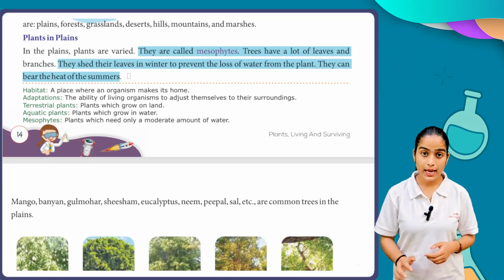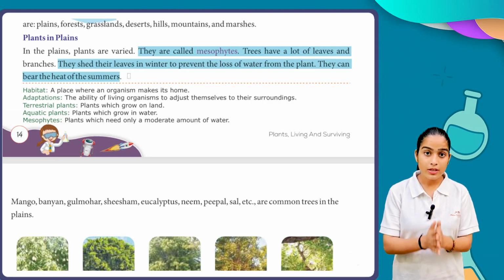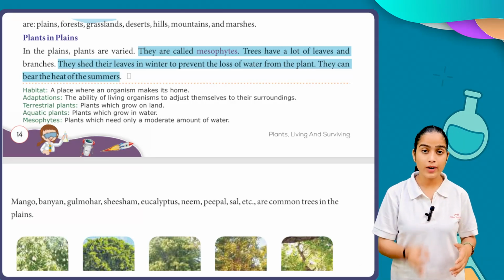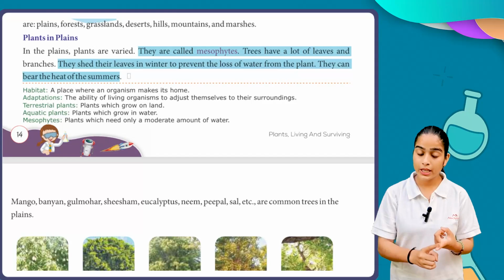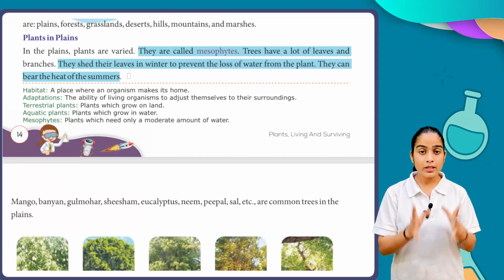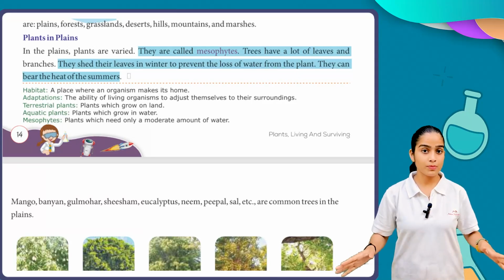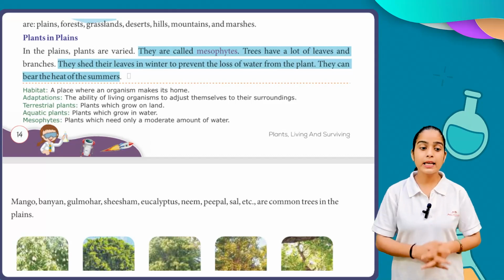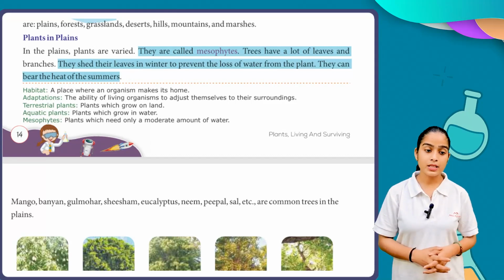So those plants which survive on the plains are referred to as mesophytes. They have a lot of leaves and a lot of branches. In the winter season, they shed their leaves to prevent the loss of water, and they can bear the heat of the summer.